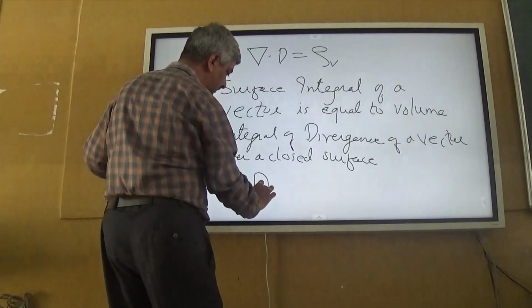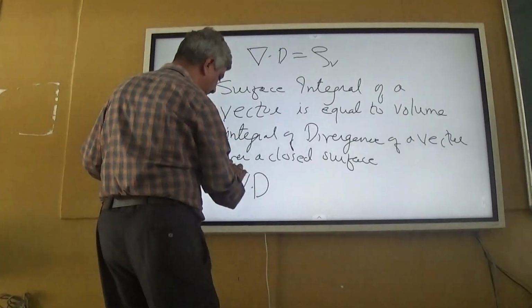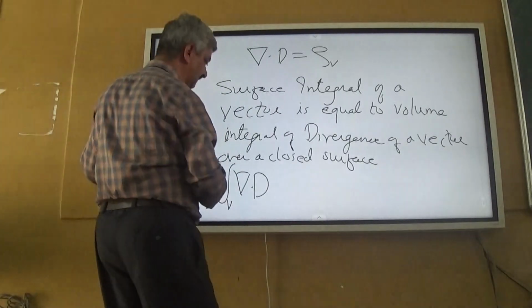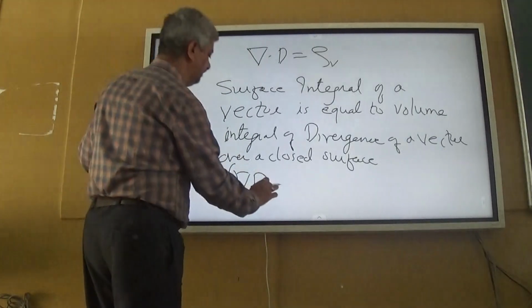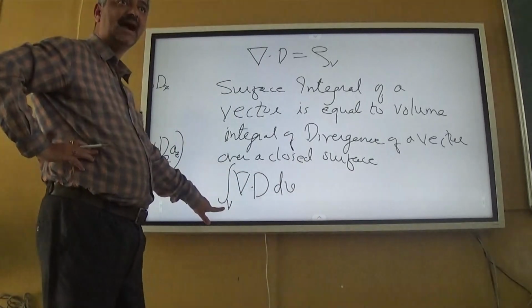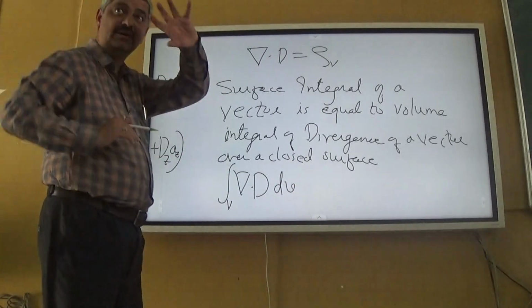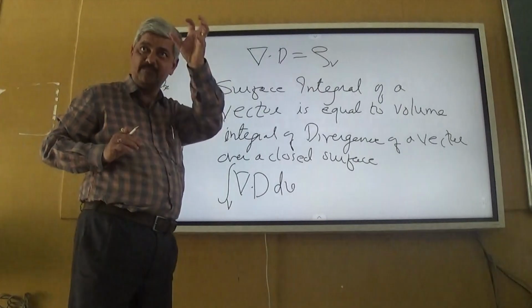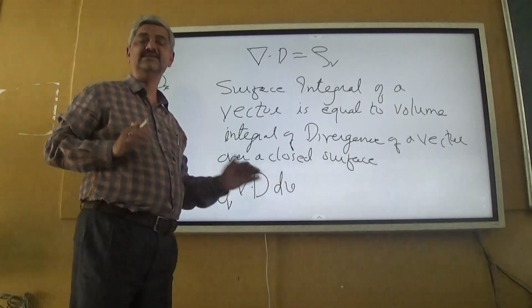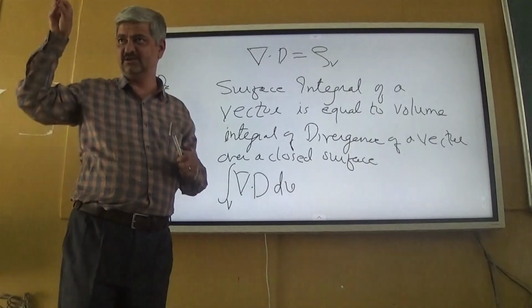So, the volume integral of del dot D dV. When I say V here, I need not show a triple integral. Over the del dot D dV, at every place there will be a different rho.